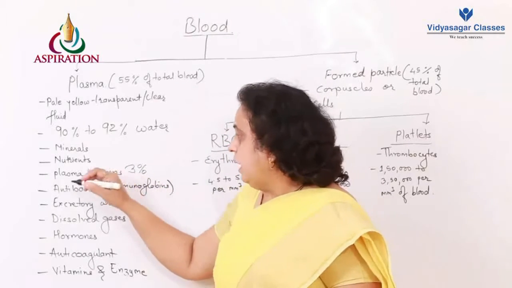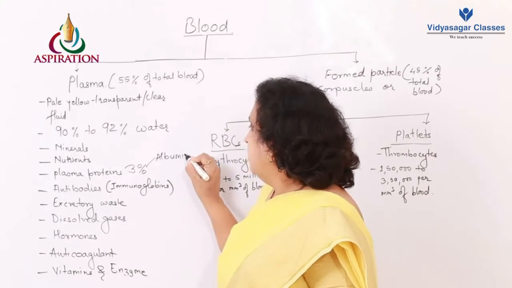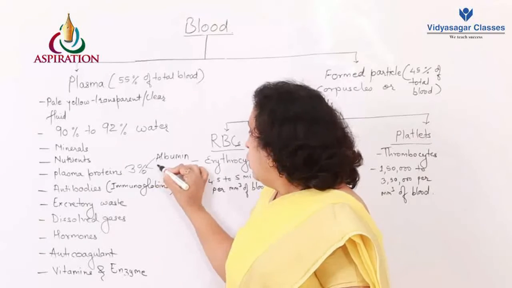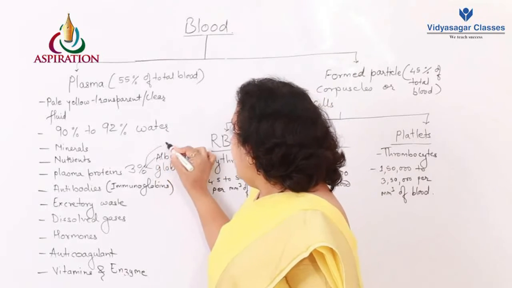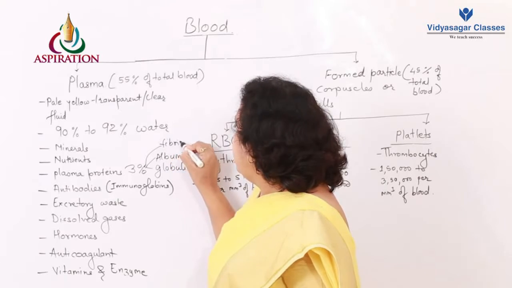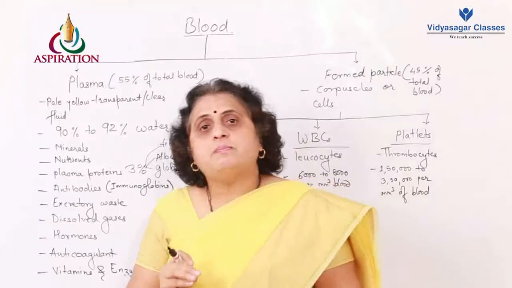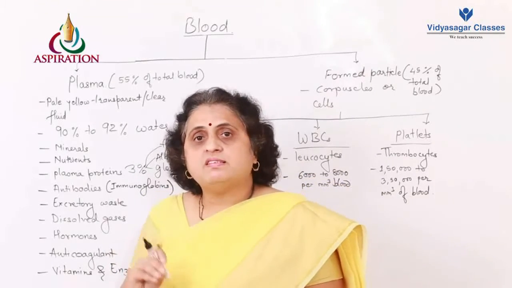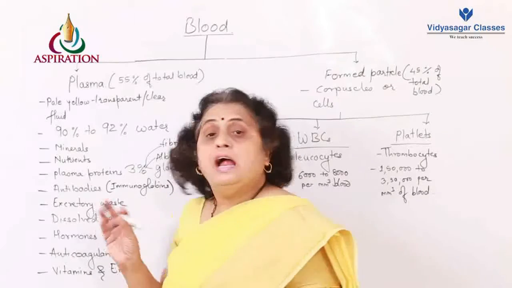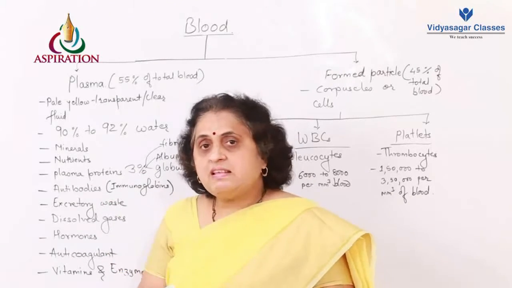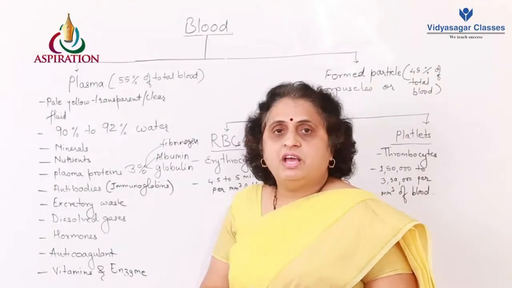The plasma proteins primarily present are albumin, globulin, and fibrinogen. So if we observe the proteins present in the plasma, they are the very basic simple proteins in the form of albumin, globulin and fibrinogen. These contribute a total of 3% of the plasma.